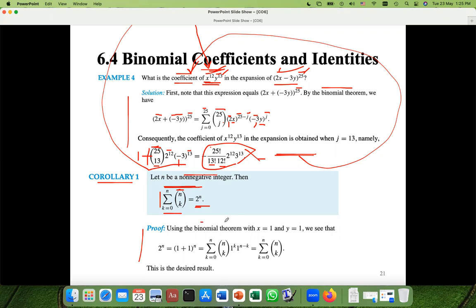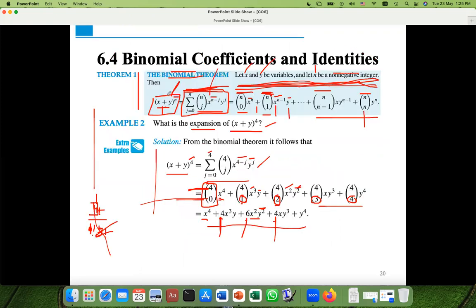So we have the knowledge of the binomial theorem. Now, by taking that binomial theorem with x equal to 1 and y equal to 1, we have the binomial theorem, x plus y raised to the power n.